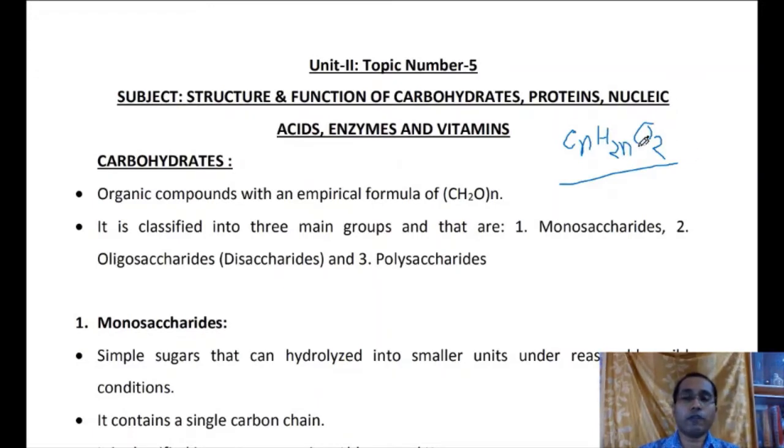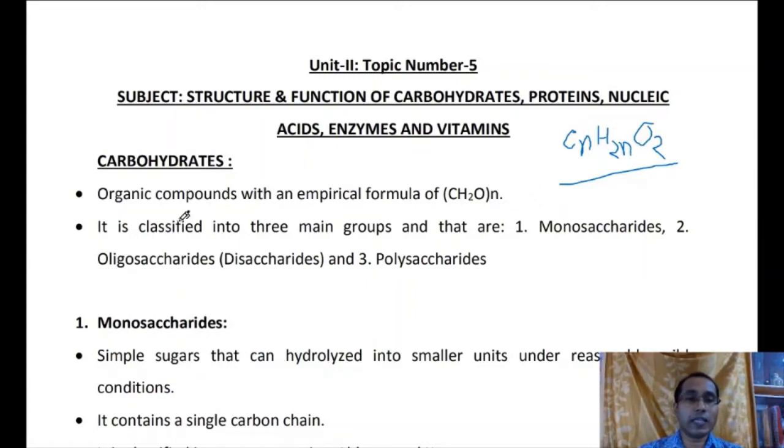So the total formula you can easily calculate from the number of carbon atoms: single carbon, two carbons, three carbons, four carbons, or hexose sugars, whatever it has, you can easily understand.